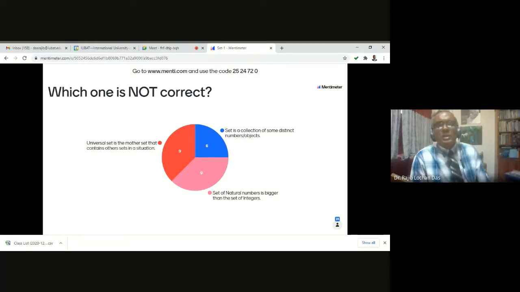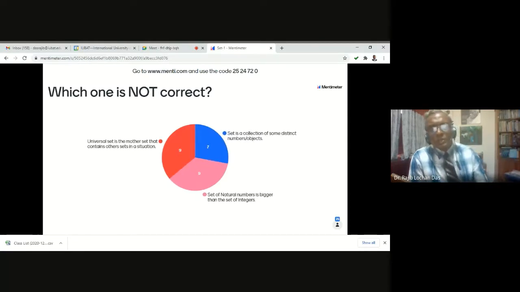The pink one, the third option: the set of natural numbers is bigger than the set of integers. The set of natural numbers will have 1, 2, 3, 4, 5, 6, 7, 8, 9, 10 like that.